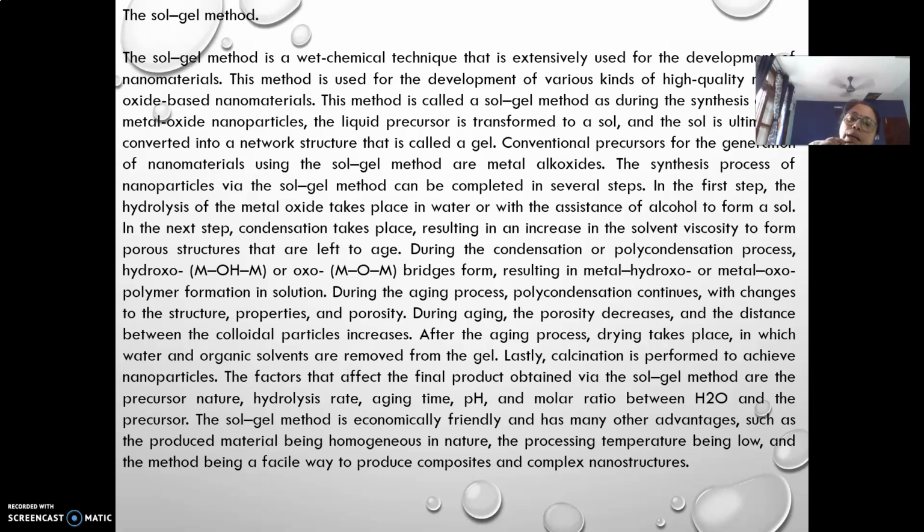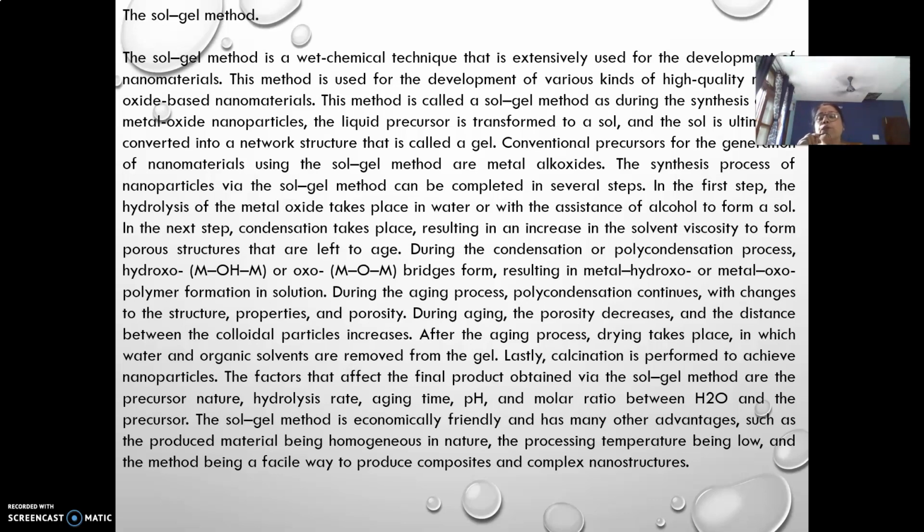You can use water if that particular thing is soluble in water, and if it is not soluble in water, you have to take another solvent, and that may be an alcohol or any other solvent where your parent compound dissolves. If it dissolves, then ultimately you will get a solution which we call a sol.